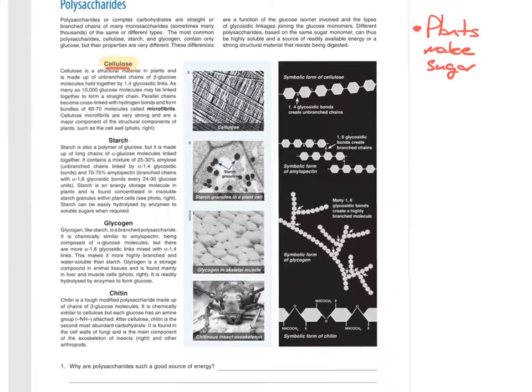Do you have to know that they are 1,4 glycosidic bonds? In other words, the first carbon is bonded to the fourth carbon. No, you do not have to know that. I'm not going to ask you to memorize what bonds are which.